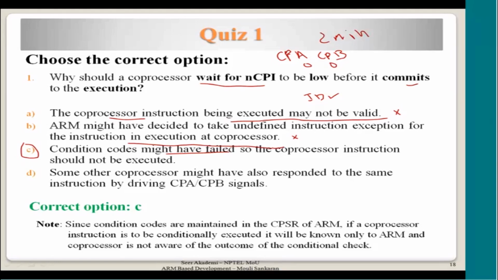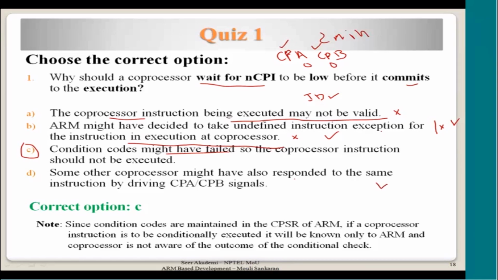That means it says "I am taking this instruction, it is a valid instruction ID, so I am taking it." Then after hearing from the coprocessor that somebody is ready to execute it, the ARM core cannot decide to take an exception. That is not correct. Only when no coprocessor is ready to execute the instruction should it take the exception. Otherwise, this is not a valid option.